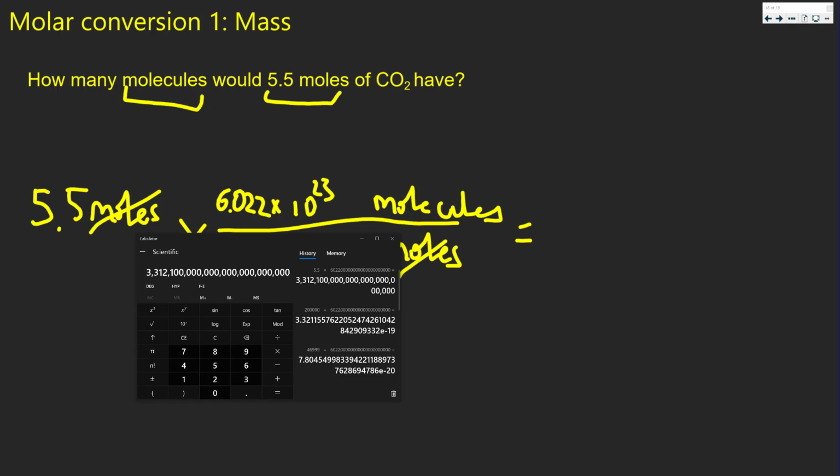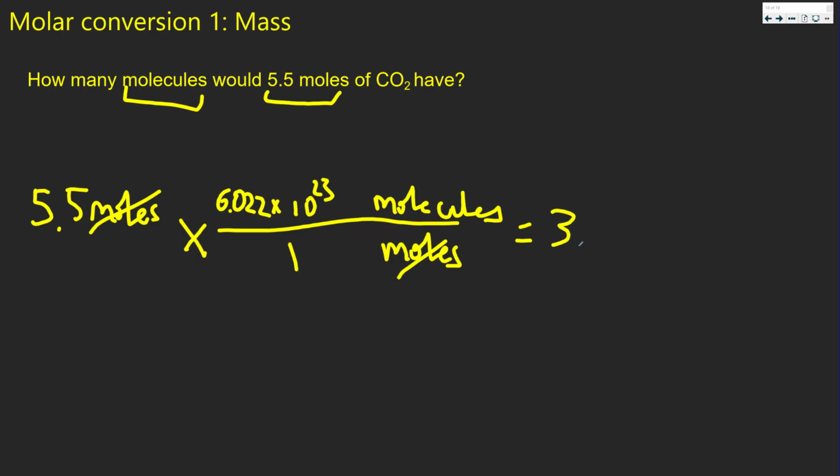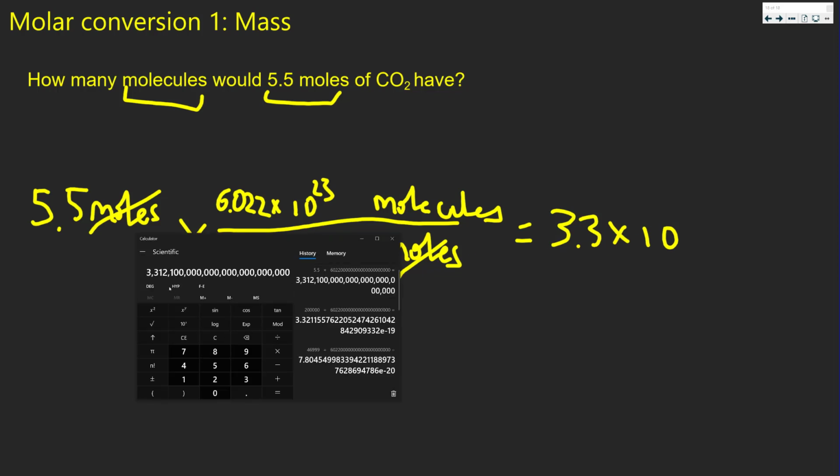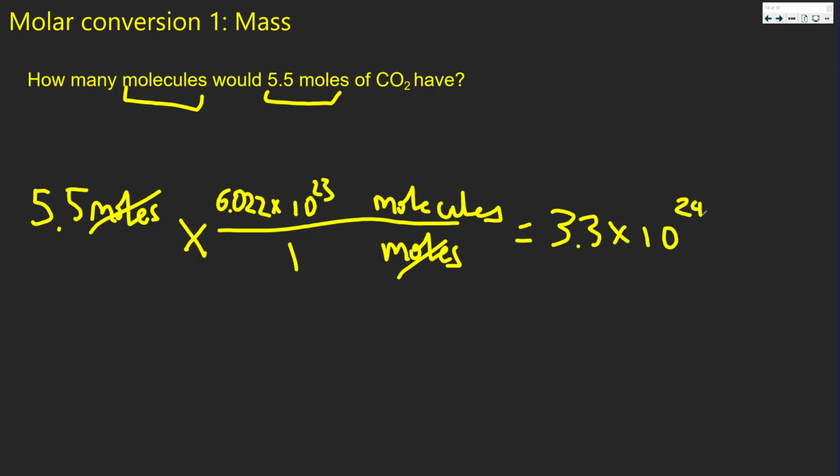So this is going to be 3.3 times 10, and how many decimal places did I have to go? That's 1, 2, 3, up to 24. So that's to the power of 24. And what's my unit? I have molecules. So that's my final answer.